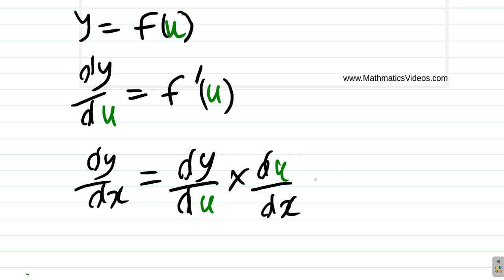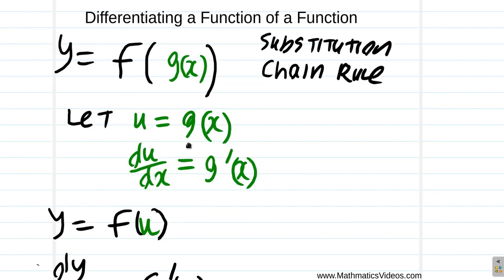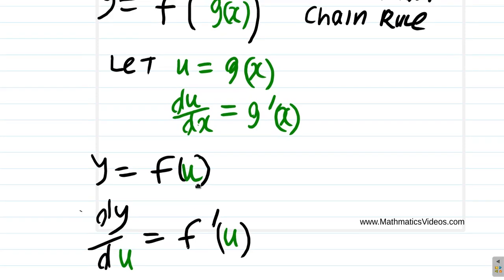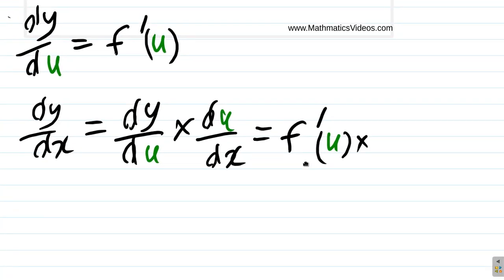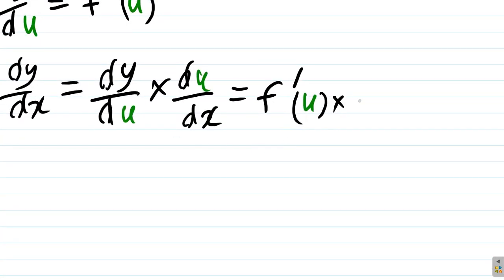So what we have here then is dy by du. It is f prime of u multiplied by du by dx. The du by dx is g prime of x. So we have g prime of x.